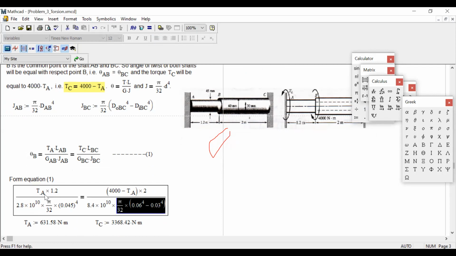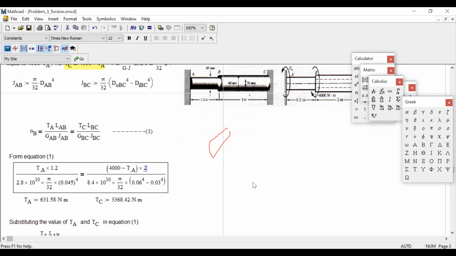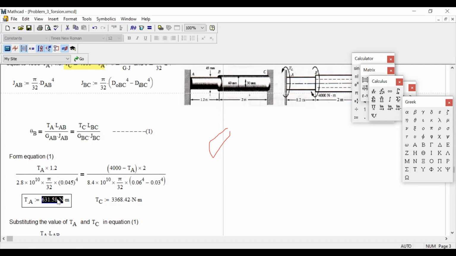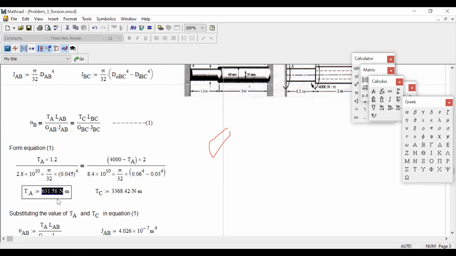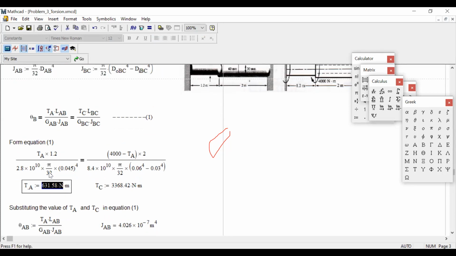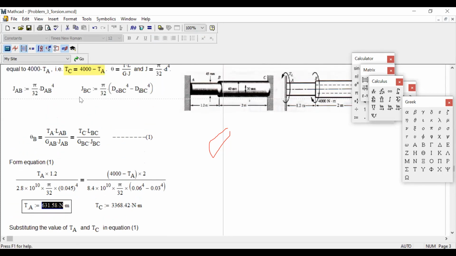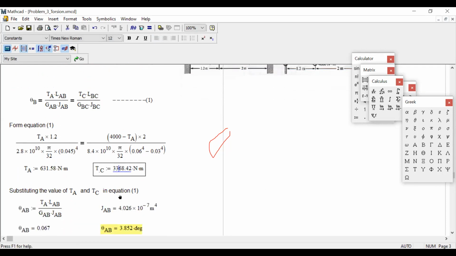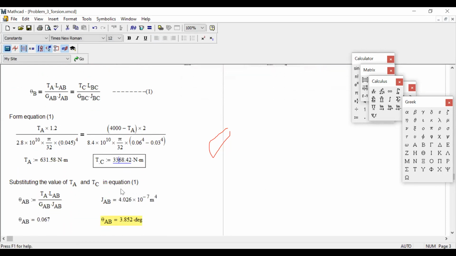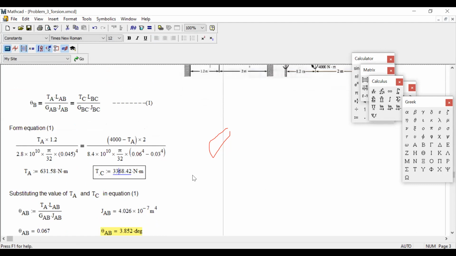Now we put TA on the left side, length is 1.2, and TC equals 4000 minus TA, into 2. Now you see from this equation, you can easily solve for TA, right? Similarly, once you find TA, you can get TC. So after you get the torque, now you figure out the theta.